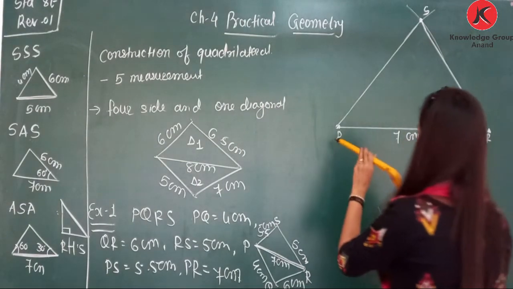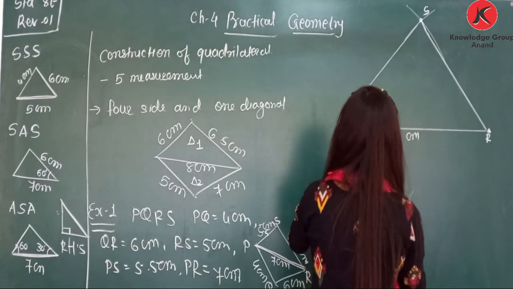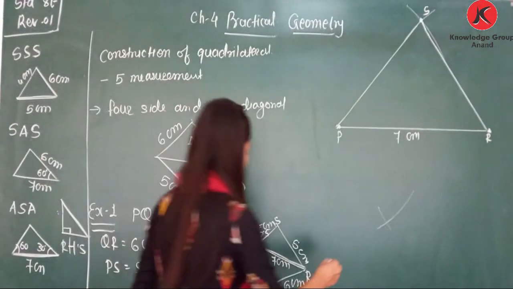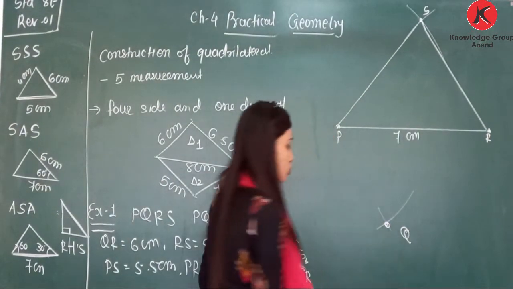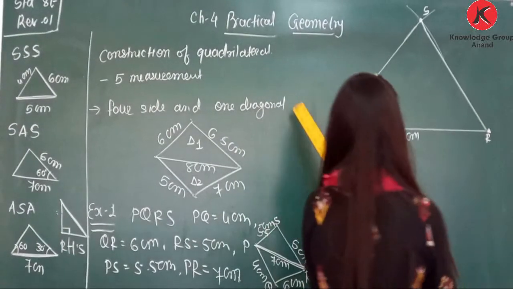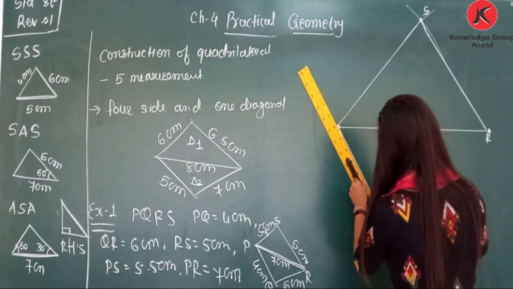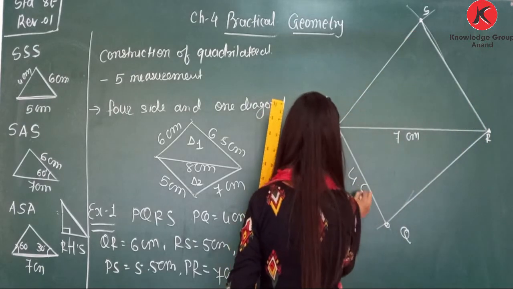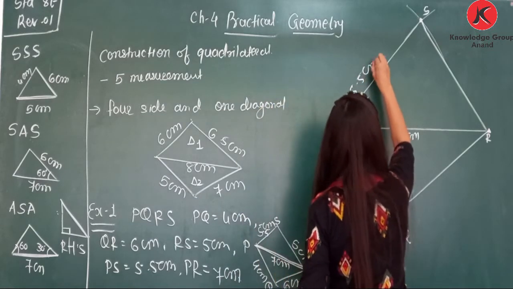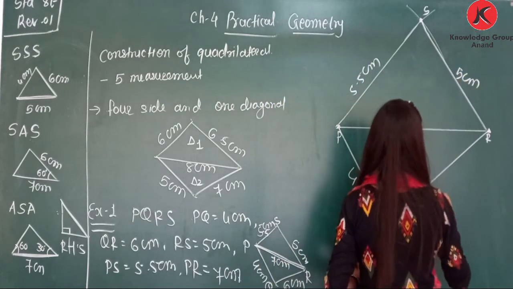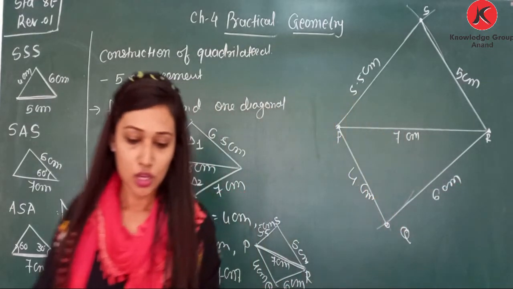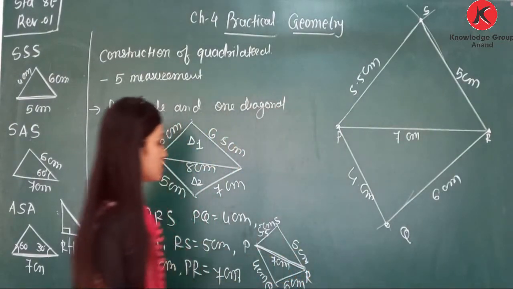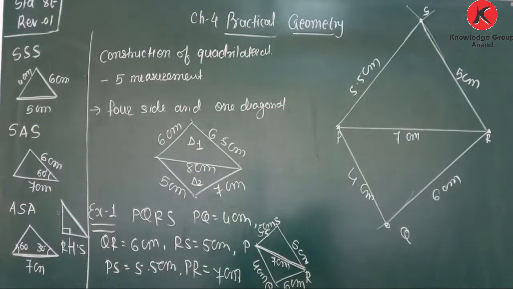You can extend this arc. Now give the intersection point name Q, join PQ and QR. This is 4 centimeter, this is 5.5 centimeter, 5 centimeter and 6 centimeter. Clear? So we can write the steps. First draw this construction and then we will write the steps of this.